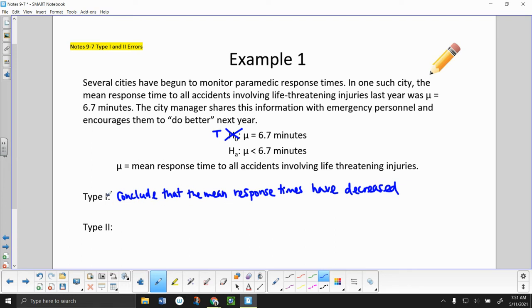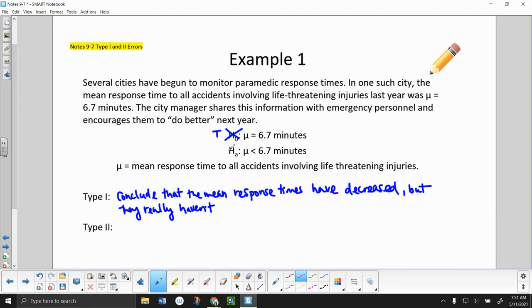So a type 1 error is when we conclude that they've decreased, but they really haven't. When you're interpreting a type 1 or type 2 error, there should be an error in it. You conclude that they've decreased, but they really have not. Or you can say, but they really have either stayed the same or gotten slower.